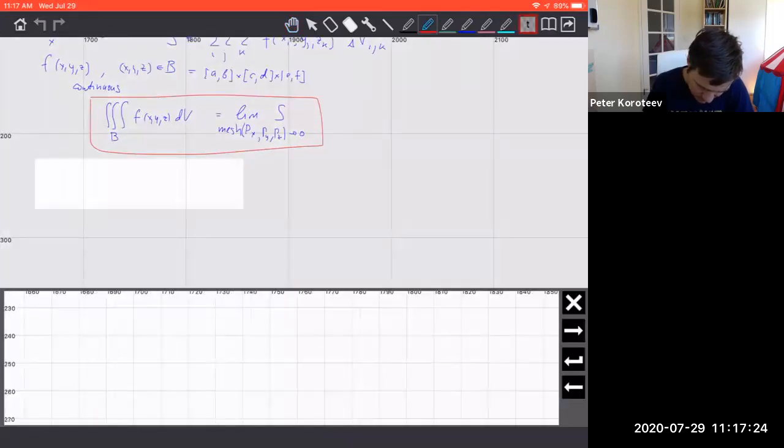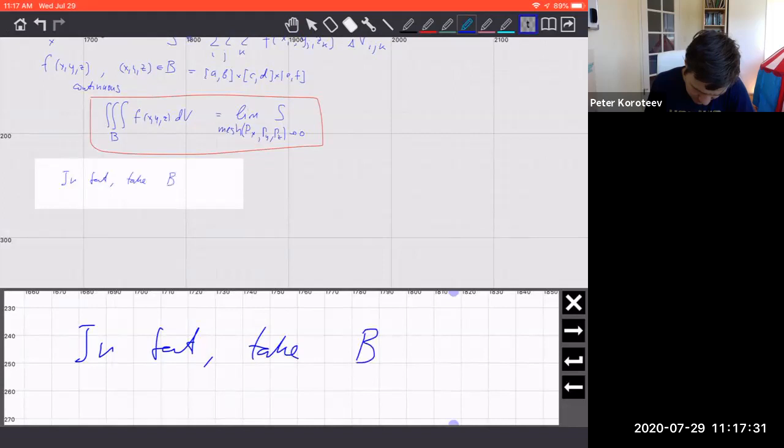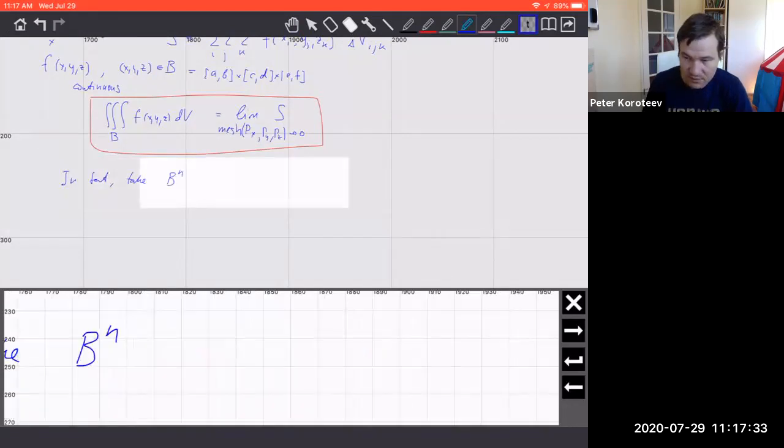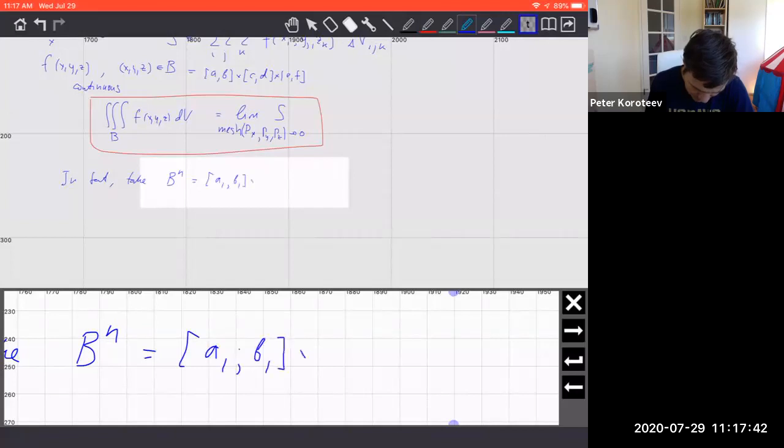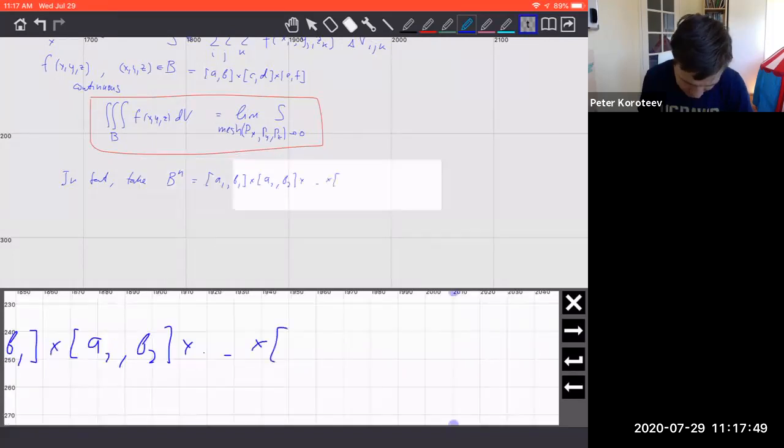In fact, let's consider B_n, the n-dimensional hyperparallelepiped, right? We just made this up. It's the product of [a1,b1] times [a2,b2]. It's the Cartesian product. We're welcome to do any number of these products up to [an,bn].